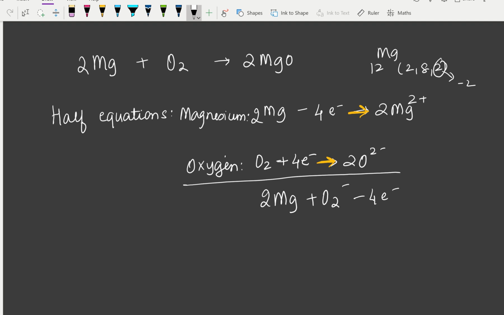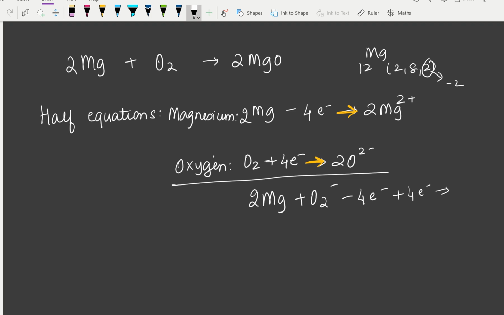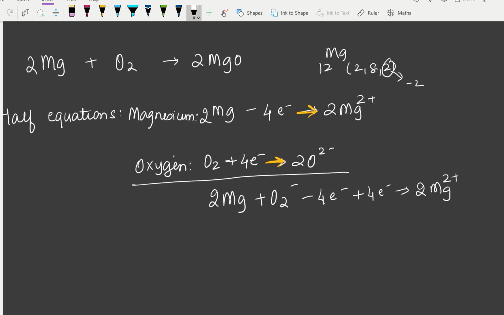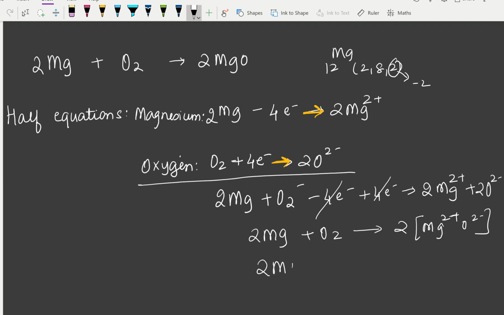So minus 4e- plus 4e- gives you 2 Mg2+ 2 O2-. So the same equation, cancelling off these 4 electrons, I can write down as 2 Mg plus O2 gives you 2 Mg2+ and O2-, and this is nothing but 2 Mg plus O2 gives you 2 MgO.